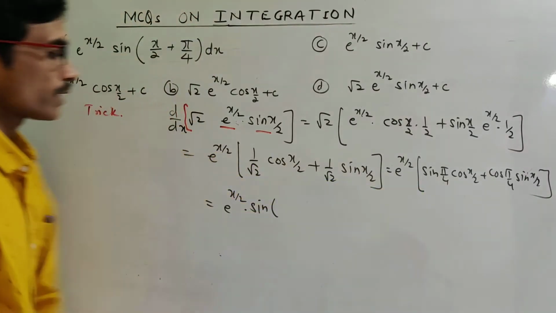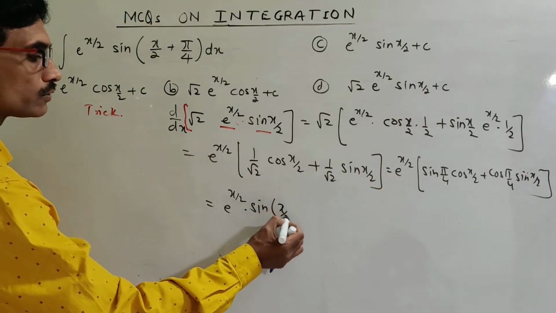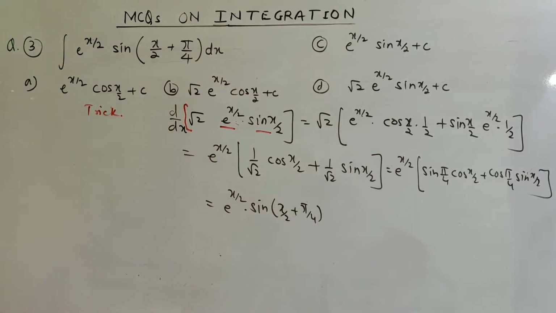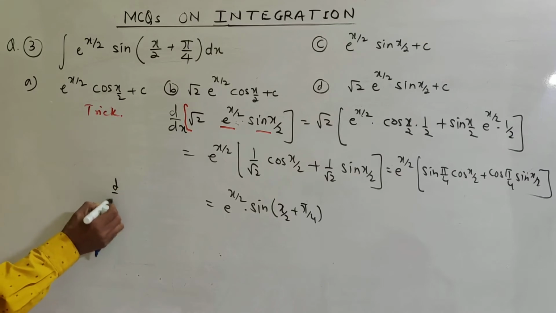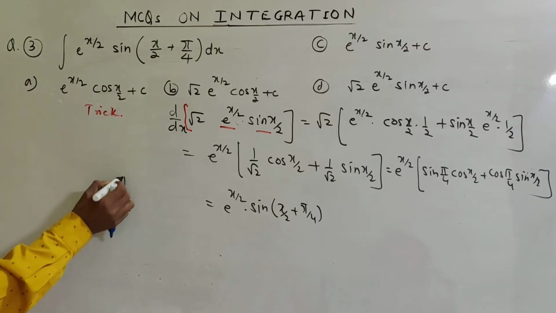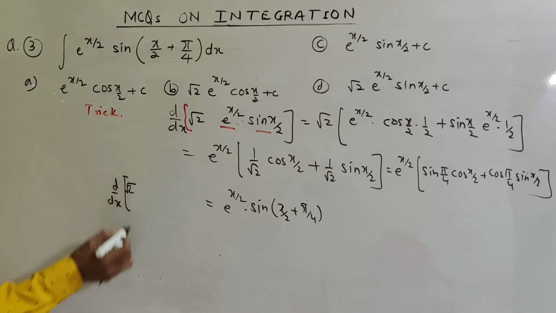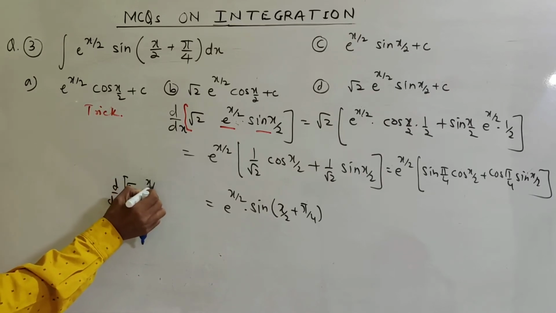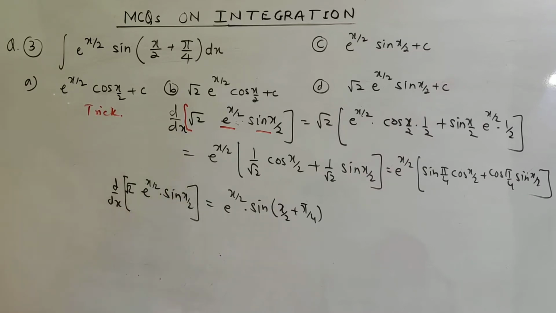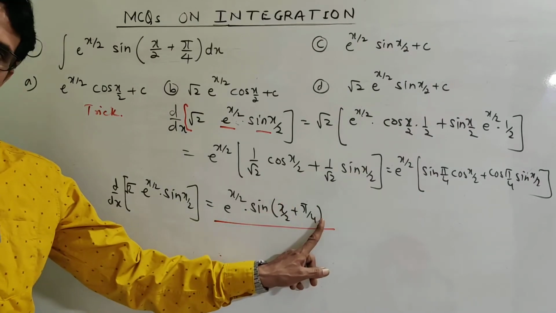So therefore the derivative of root 2 e raised to power x by 2 into sin of x by 2, we are getting e raised to power x by 2 into sin of x by 2 plus pi by 4.